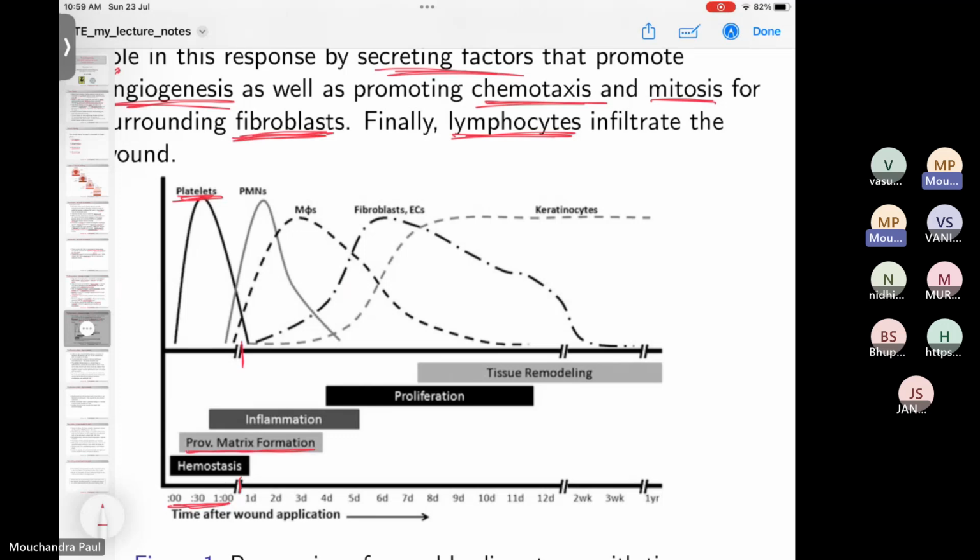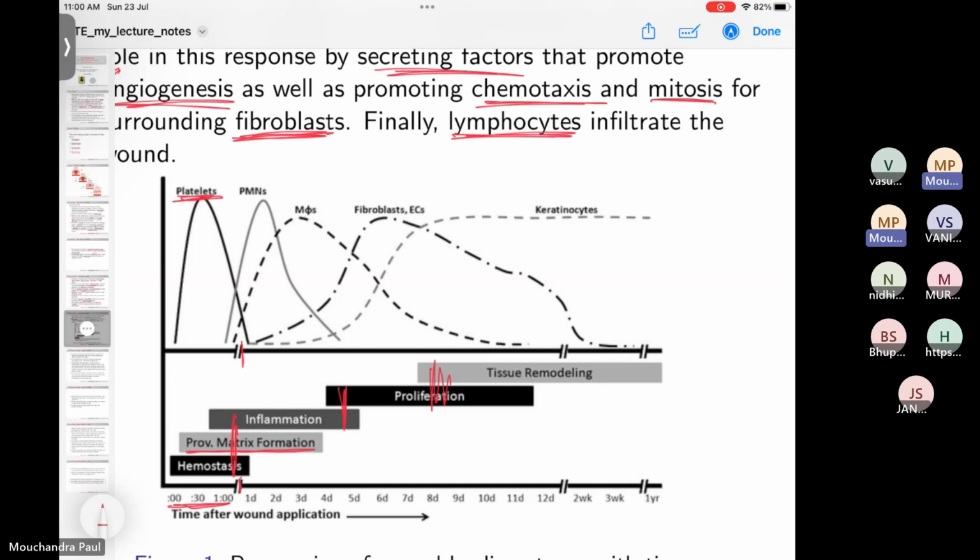As the hemostasis phase ends, you will see these phases are overlapping. You cannot make a distinct mark. Here also it is overlapping. One phase is towards the end, whereas another phase is just going to begin.